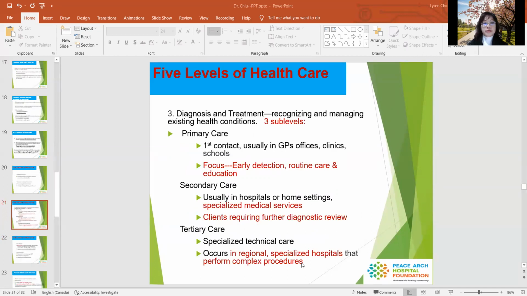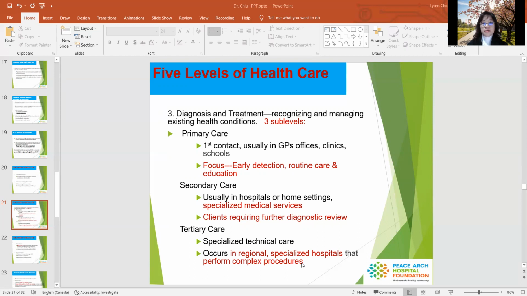You may be more concerned about diagnosis and treatment, recognizing and managing your existing health conditions. There are 3 sublevels. The first is primary care, the first contact, usually in a GP office like a family doctor, in the clinics, in the school. They focus on early detection, routine care, and education.